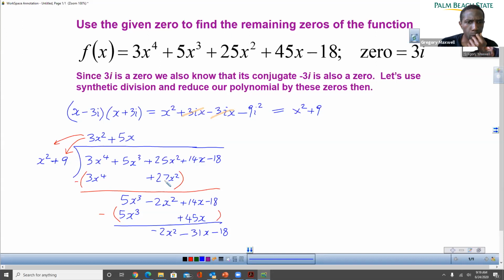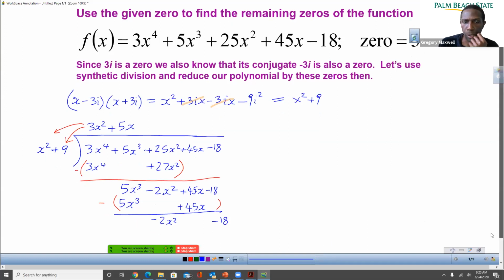Three times 9 is 27. Oh, that's a 45. Thank you very much. I was wondering why it's not computing. I made an error in my transcription. Now, this part gives me 0.